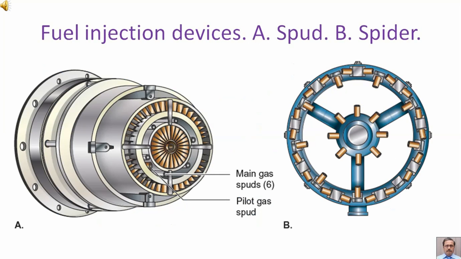Fuel injection devices. Here we are showing spud and spider. Both are fuel injection devices. In part A of the diagram, spud is shown. In part B of the diagram, spider is shown.